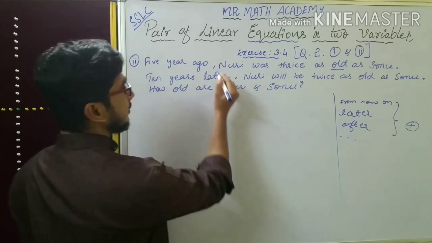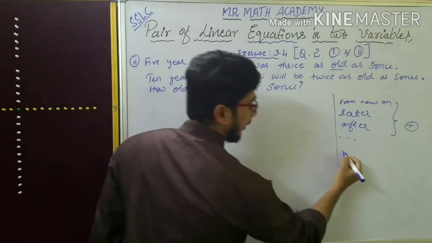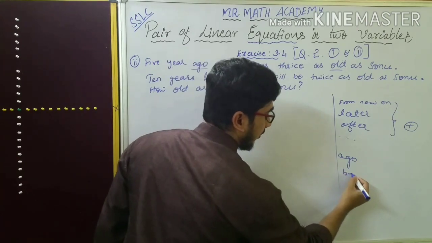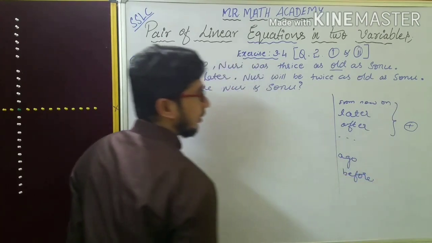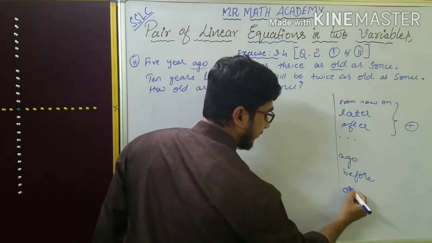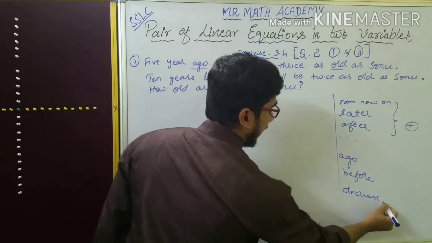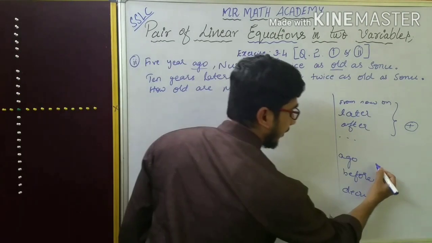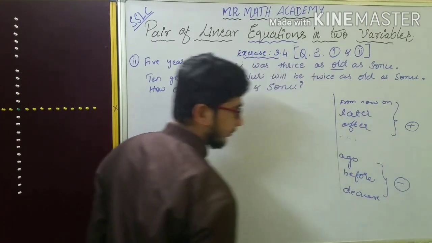And one more thing, ago, before, or decrease, and a few more particular terms like this, for these we have to consider negative.